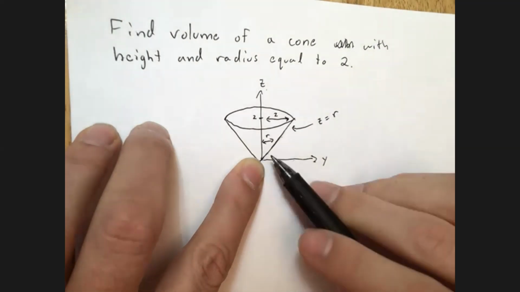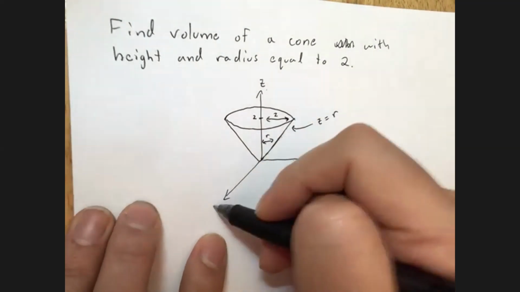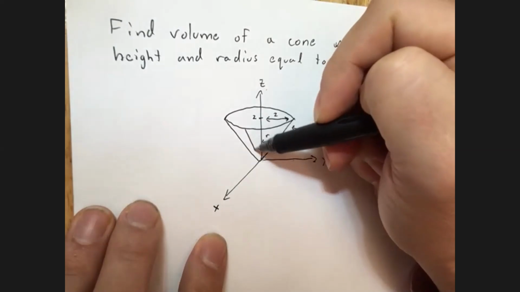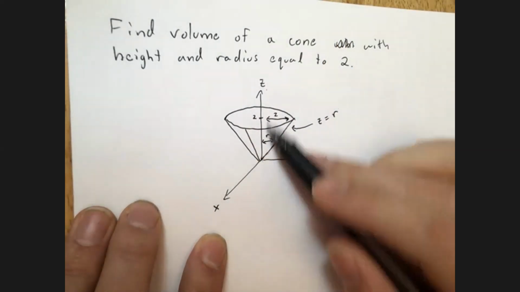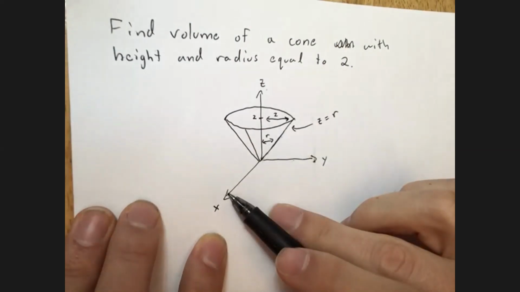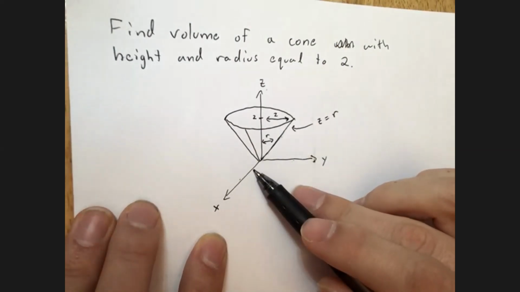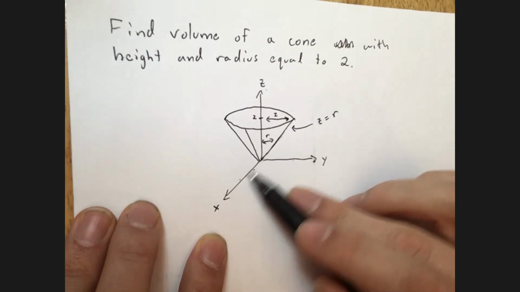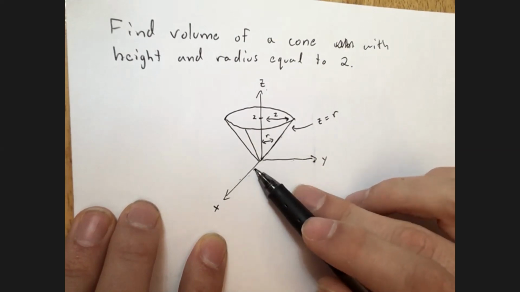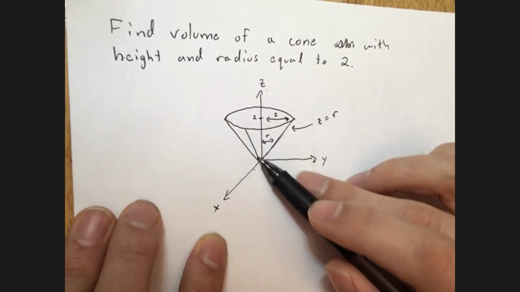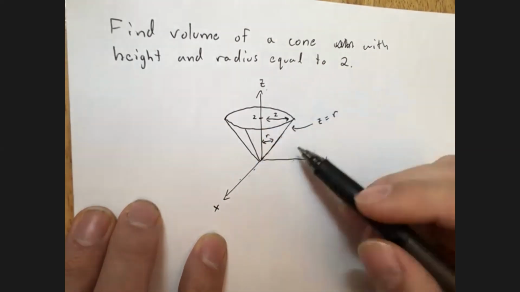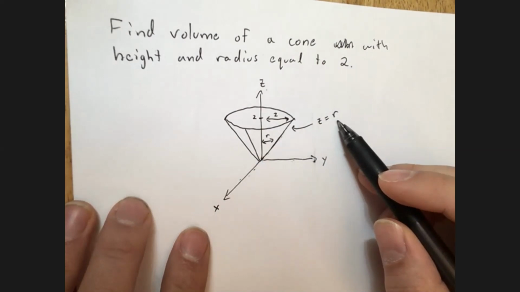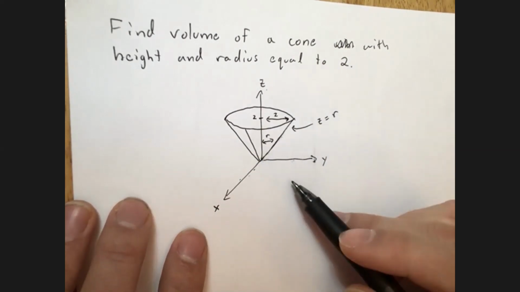And I could have done the same thing on the x-axis. That line coming out this way, when I restrict myself to the xz plane, x is the same as r, right? The r is just the distance in that direction, and so is x. And so again, this line is just z equals r. And I think you can tell that as I spin around, the cone is really given by the equation z equals r in any direction.